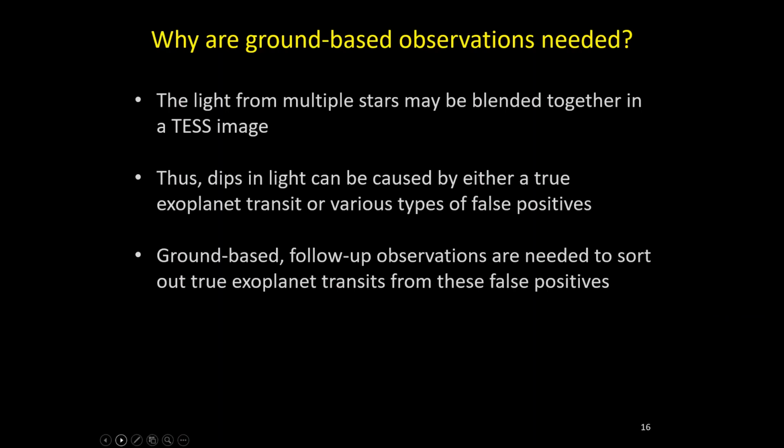So a dip in light that might appear to be an exoplanet transit might actually be a false positive. And what we need then are ground-based observers to follow up and sort out what's a true exoplanet transit from a false positive. Next.